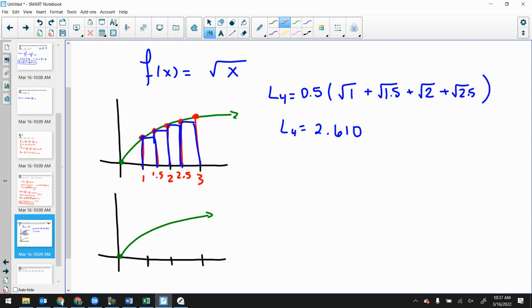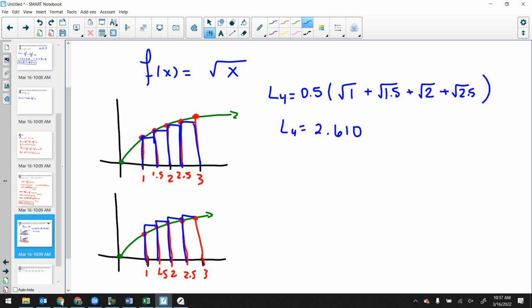And my values here 1, 1.5, 2, 2.5, and 3. Now, my rectangles are going to become the right side of each graph. Here to here, here to here, here to here, and here to here.